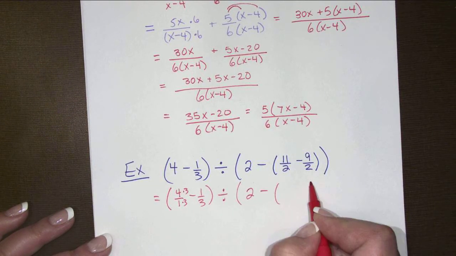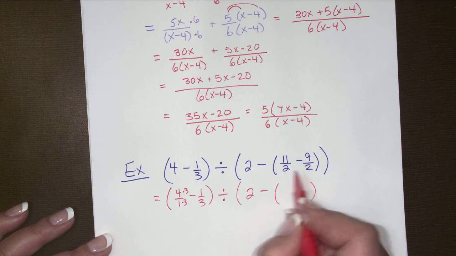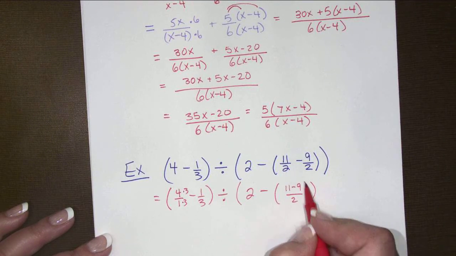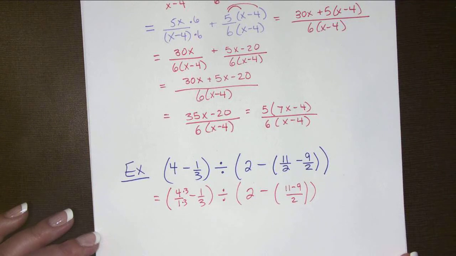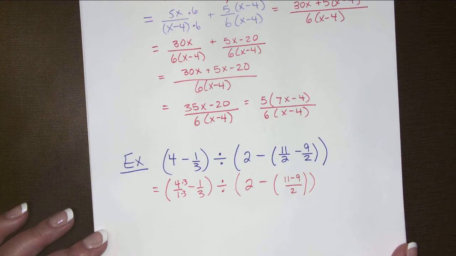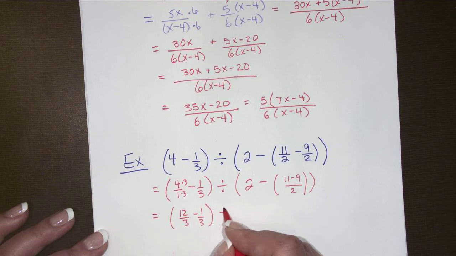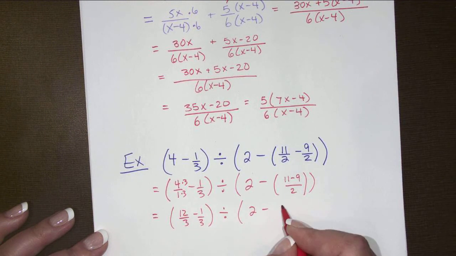What's 11? These already have a common denominator. So we just need to do 11 minus 9, which is what? 2? 2 over 2? Right? Okay. So here we've got 12 over 3 minus 1 over 3, divided by 2 minus 2 over 2.